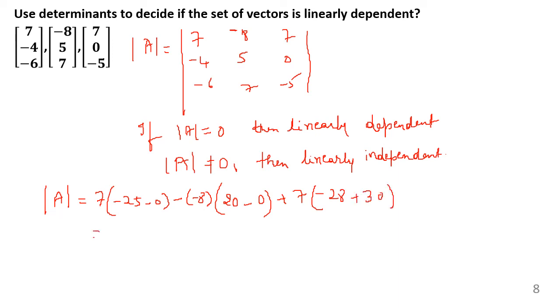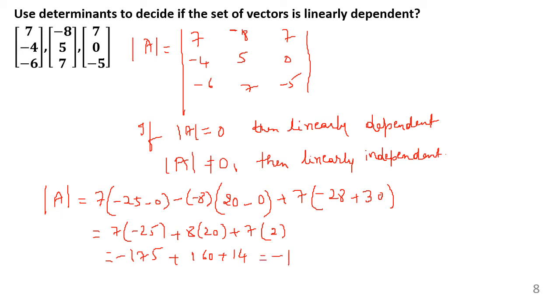So it is equal to 7 into minus 25 plus 8 into 20 plus 7 into 2. So it is equal to minus 175 plus 160 plus 14, which is equal to minus 1, and it is not equal to 0.